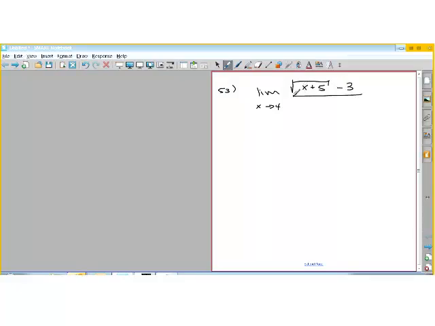But if you plug in the number that you're taking the limit towards, so if I do f of 4, where this is the function, you have the square root of 4 plus 5 minus 3 divided by 4 minus 4. And so you get the square root of 9, which is 3, minus 3 over 4 minus 4. And so you get an indeterminate result again.